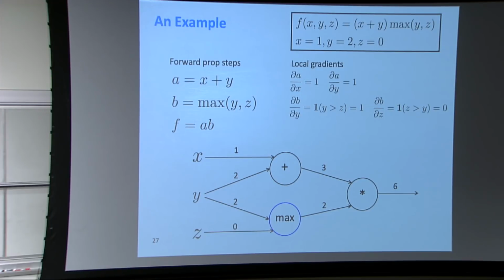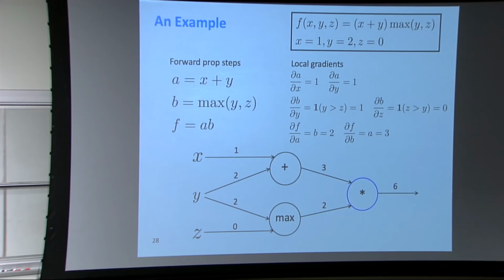The max is slightly trickier, because the gradient for the max depends on which one's bigger. So if y is bigger than z, the partial of b by y is 1, otherwise it's 0, and conversely for the partial of b by z. So that one's a little bit dependent.